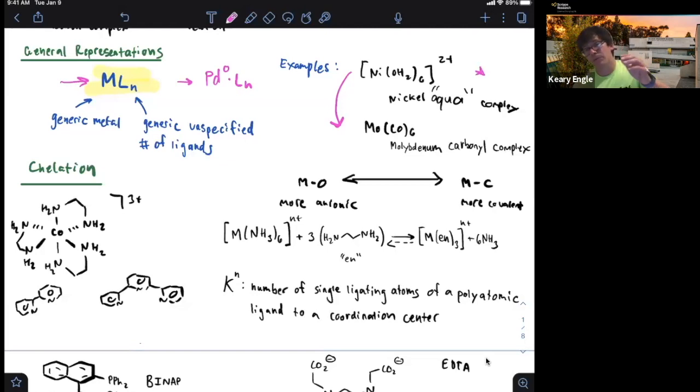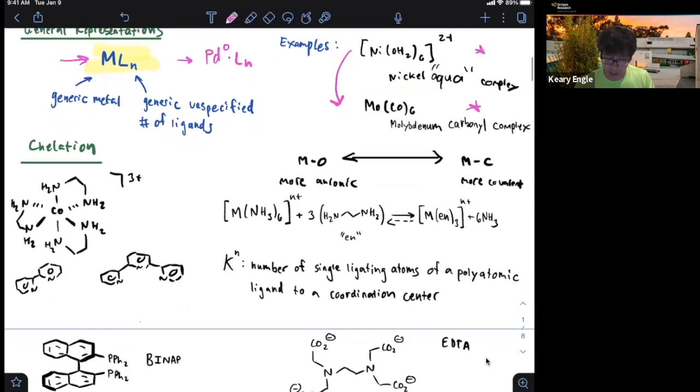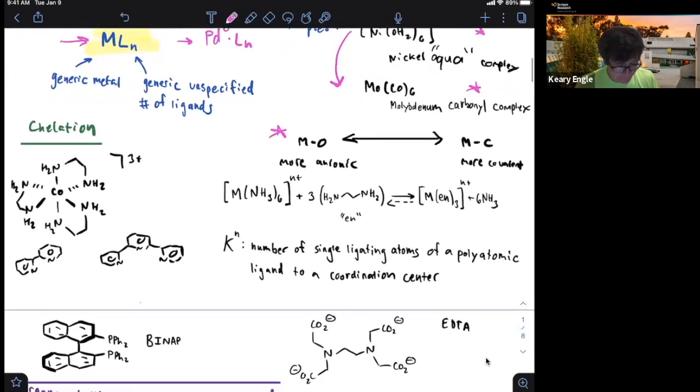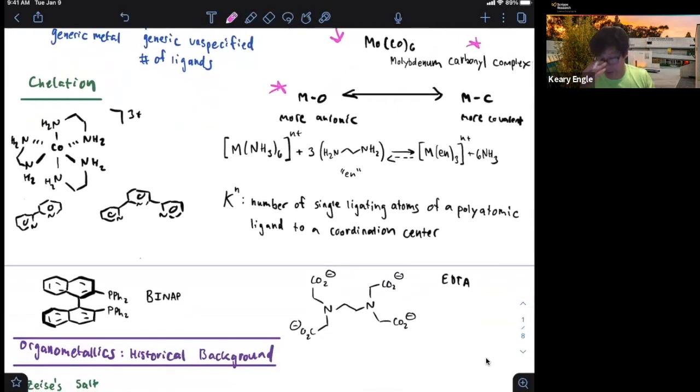And then moving to more organometallic complexes that look like this. So here's an example of a molybdenum carbonyl complex. And one of the key points is that as you move to traditional inorganic coordination complexes, or organometallic complexes, you go from more ionic bonding to more covalent bonding based on the ligands that are associated with them.